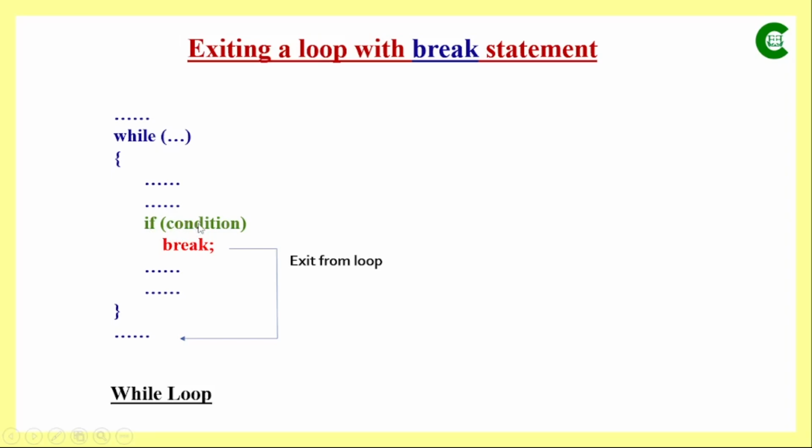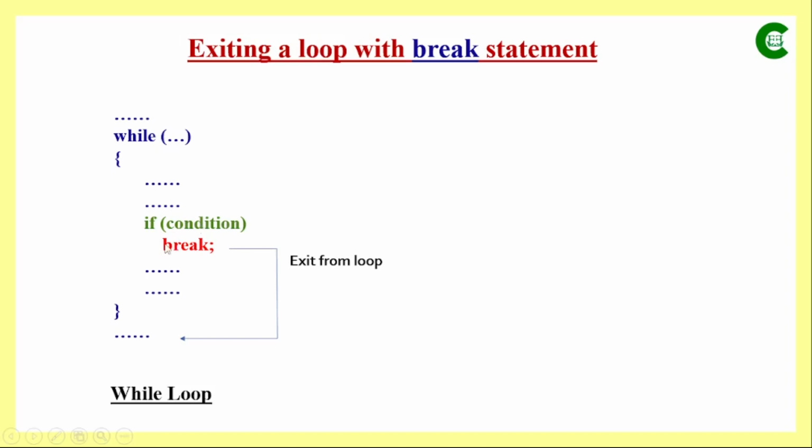If the condition written within the parentheses is satisfied, then this break statement will be executed, and when the break is encountered, the control will come out of the loop and the loop will be terminated, meaning the loop is immediately exited and the program continues with the statements immediately following that particular loop.